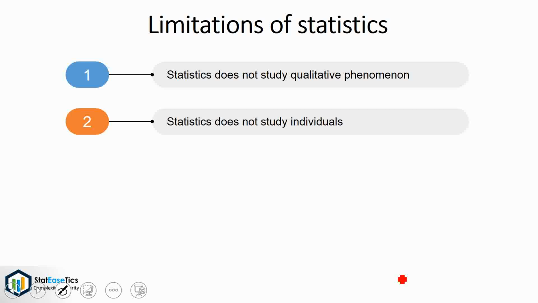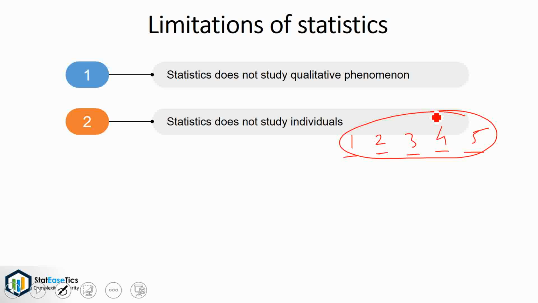The second is statistics does not study individuals. That is, if we are having a data set, for example, 1, 2, 3, 4, 5, having 5 data points, then we cannot have idea about the individual data points in the given data set. We can have only the idea about the whole group, that is data set as a whole.